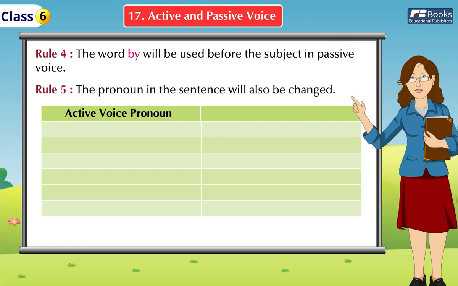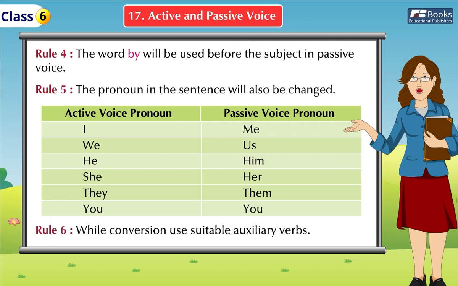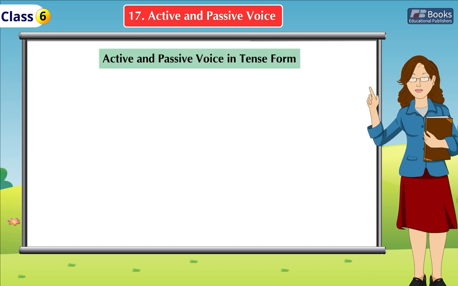Active voice pronoun, passive voice pronoun: I, me; we, us; he, him; she, her; they, them; you. Rule 6: While conversion, use suitable auxiliary verbs.